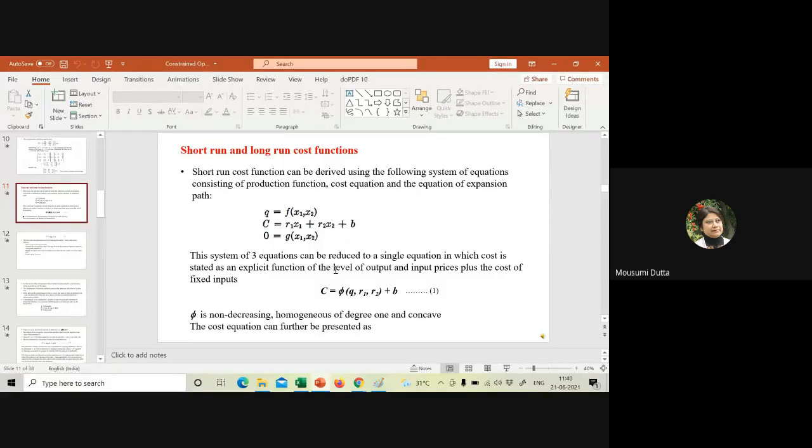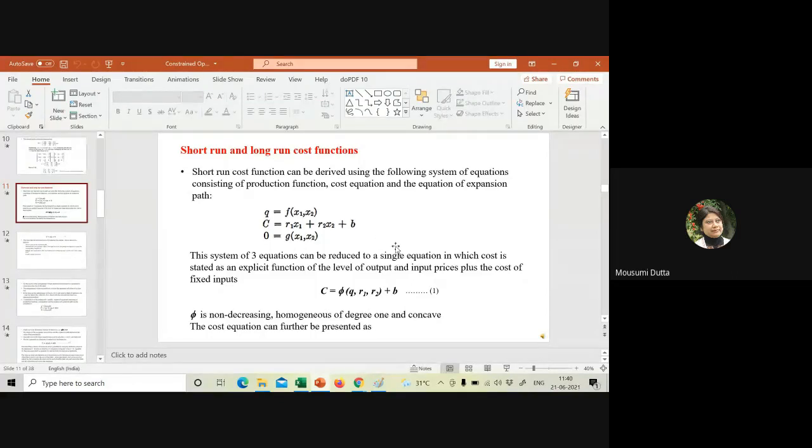This system of three equations can be reduced to a single equation in which cost is stated as an explicit function of the level of output and input prices plus the cost of fixed inputs. Solving this, we get x1 star and x2 star in terms of the parameters of the model, R1, R2, and, in the case of cost minimization, Q naught, because we fix the level of output.